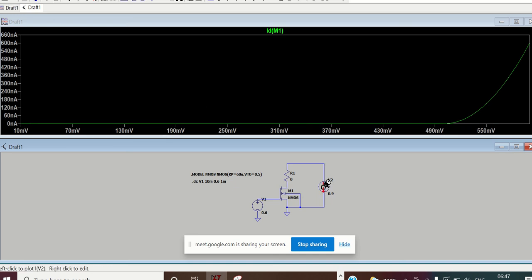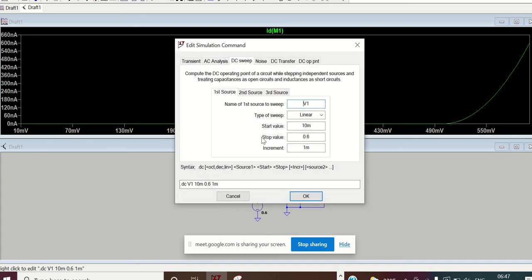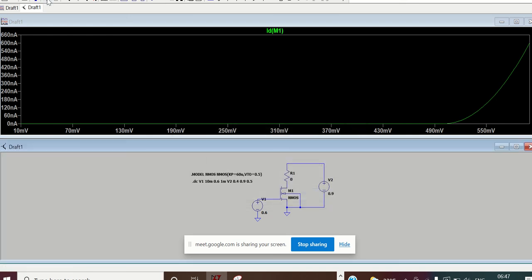Okay, so now let me try to vary it in two steps. Start value 0.4, stop value 0.9, increment 0.5. Both are matching here.